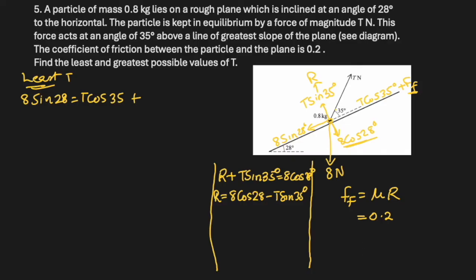So let me make some space for this here. Okay, the R is 8 cos 28 minus T sine 35.